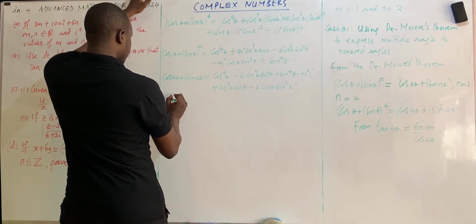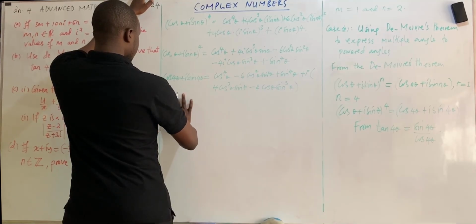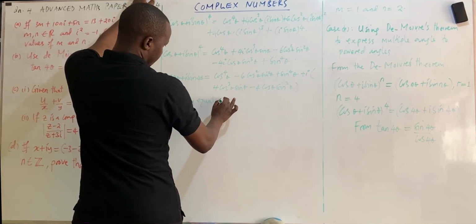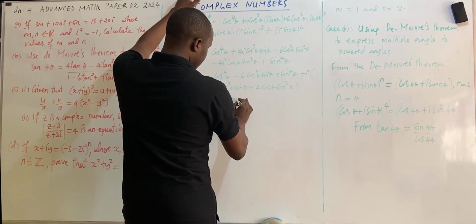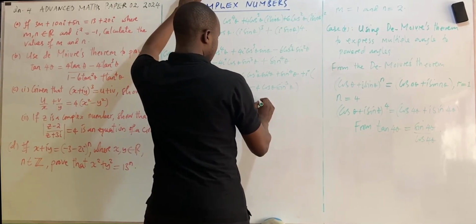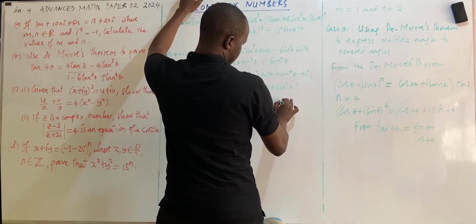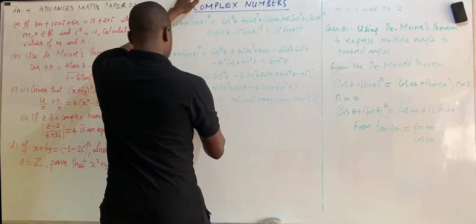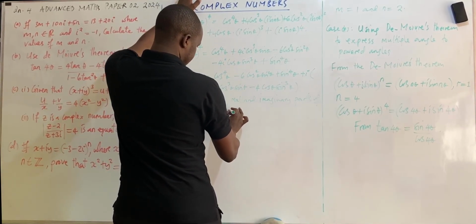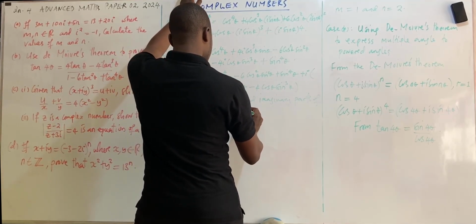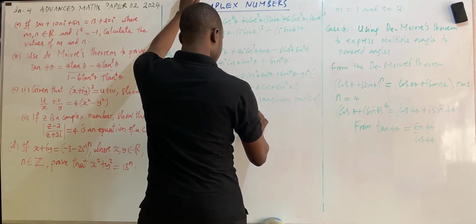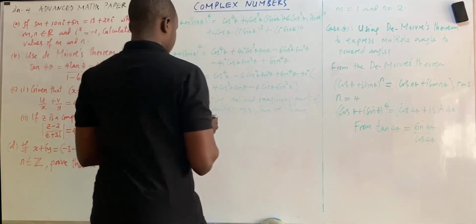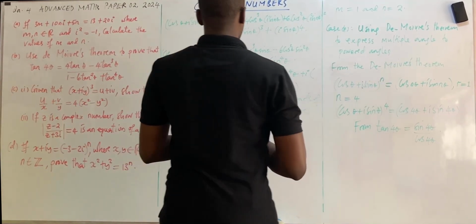So starting with the cosine of 4 theta, the real parts. So by equating the real and the imaginary parts of the complex number, then we have, what exactly do we have here?